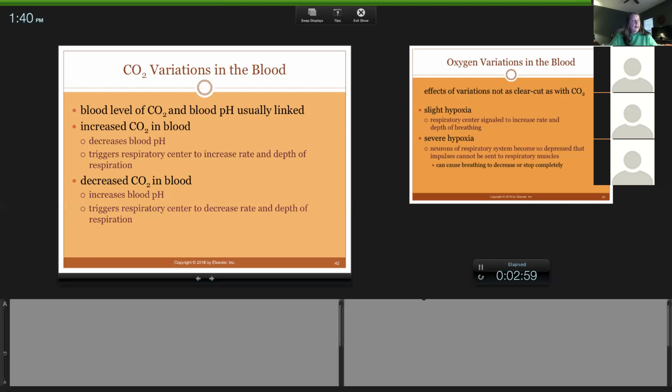Now, before that happens, when CO2 starts to go up in the blood, pH starts to come down. It's kind of trying to buffer the CO2. When pH goes down below 7.4, is that acidic or alkaline? A pH below 7.4 is acidic.